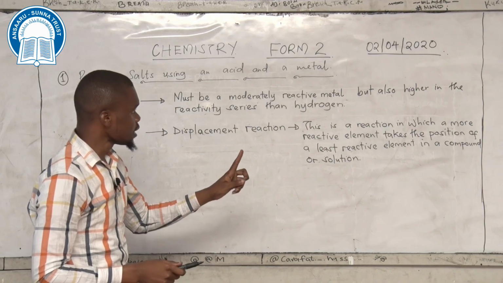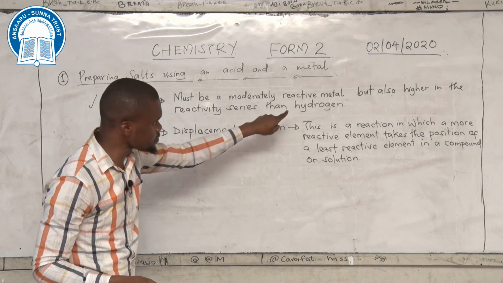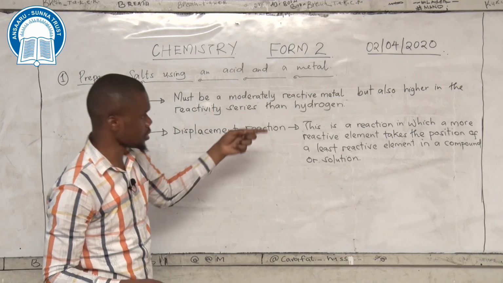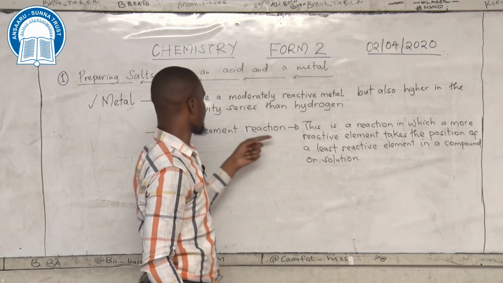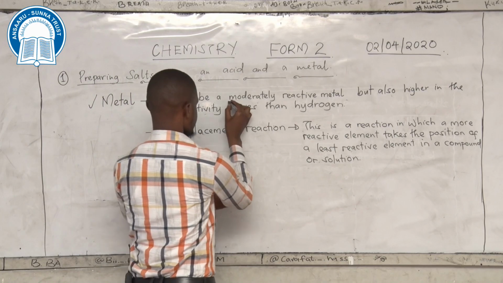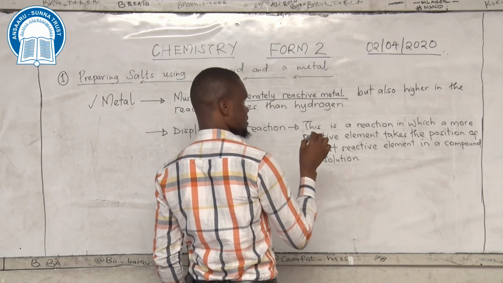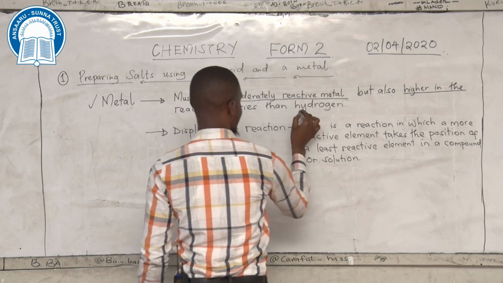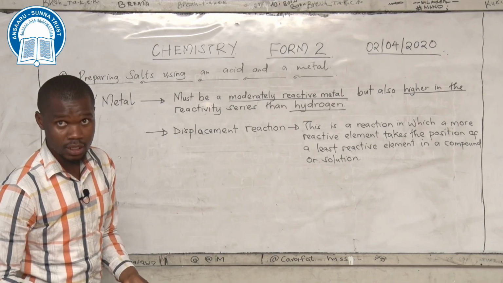So if hydrogen has to be displaced, then the only element that can displace hydrogen is that metal that is more reactive than hydrogen. That is why the metal here, yes, must be moderately reactive, but at the same time must also be higher in the reactivity series than hydrogen, meaning it has to be more reactive than hydrogen.